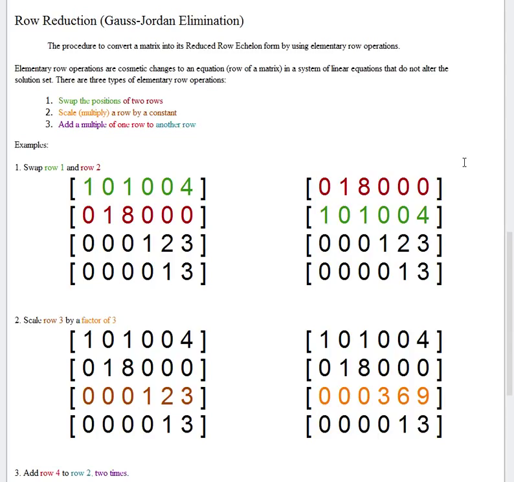We're not changing anything in our equations, we're just putting the information together in a different way. So the three operations that we can do are called elementary row operations. They don't affect the information that is in our system, and they will make changes to our matrix, but that matrix will represent the same system.